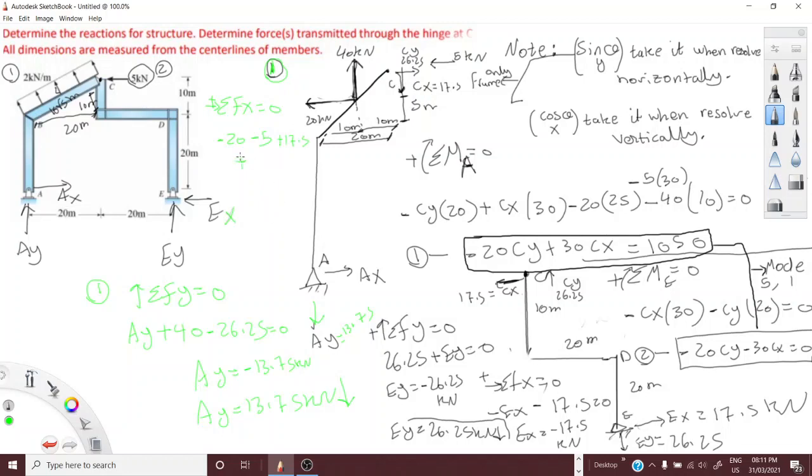And here we have plus Ax going to the right, equal to 0. So minus 20 minus 5 plus 17.5, so Ax equal to 7.5 kilonewton. Okay, guys, so Ax is equal to 7.5 kilonewton, and our assumption is correct.